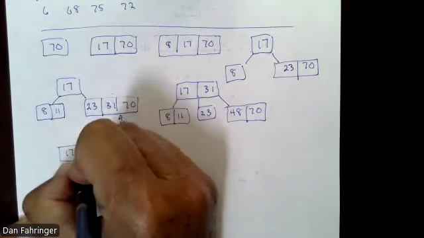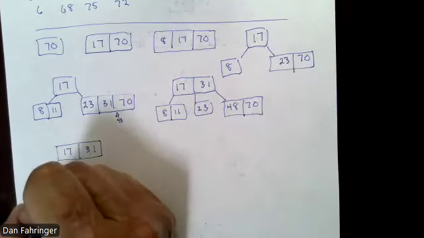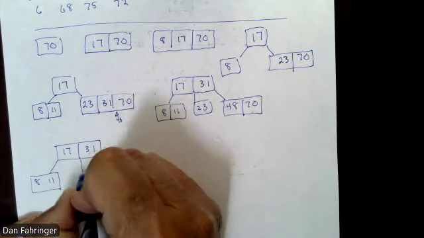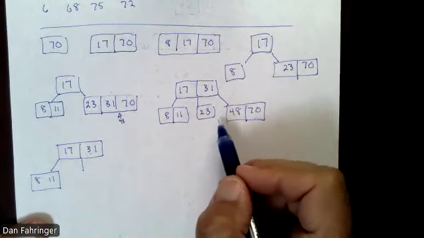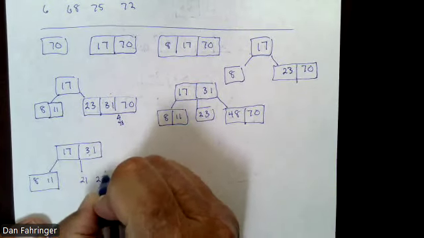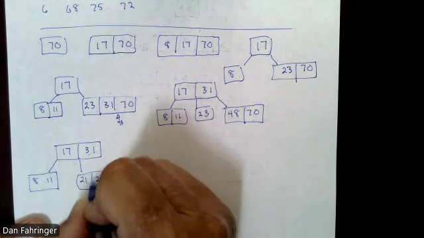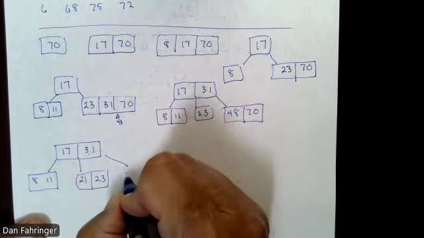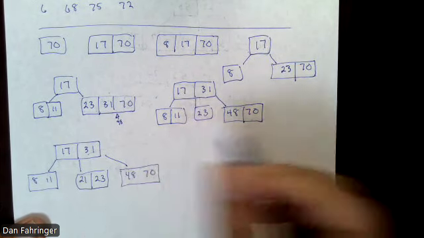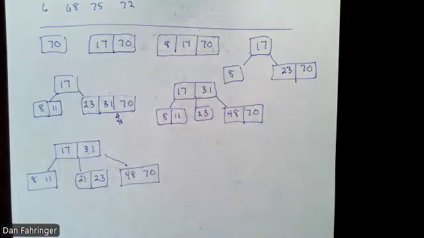17, 31, 8, and 11. What are we adding? 21. So now I have 21 and 23, 48 and 70. 19.